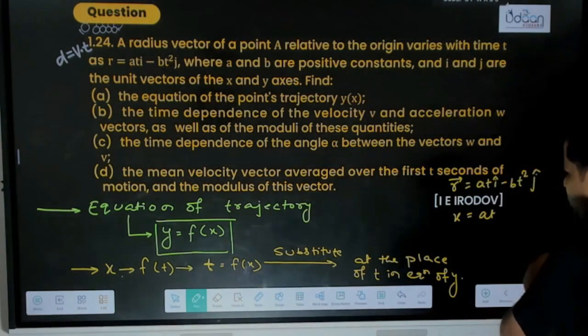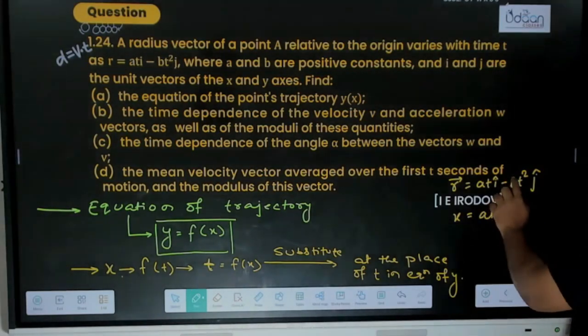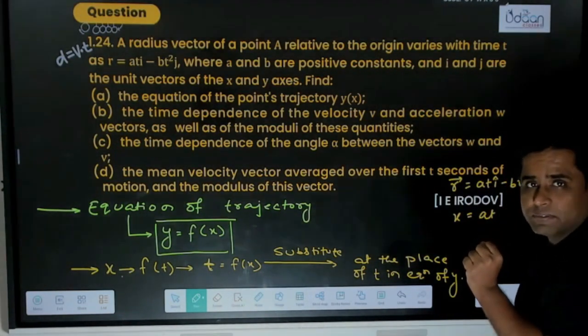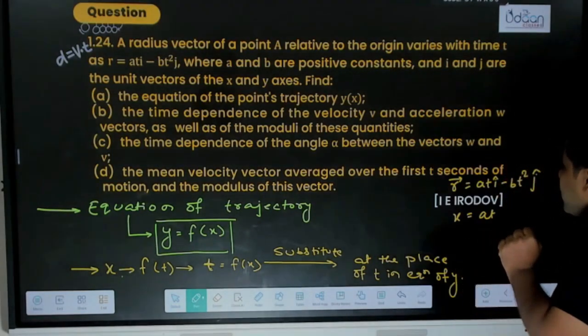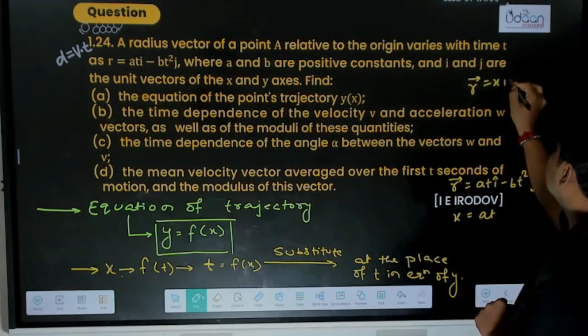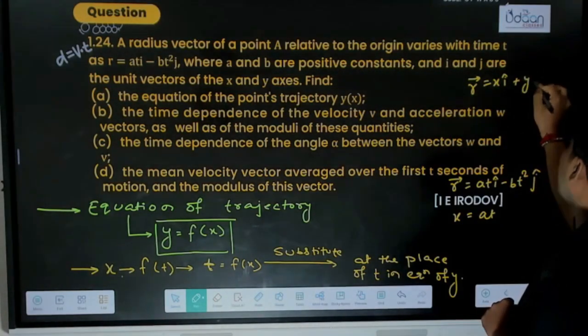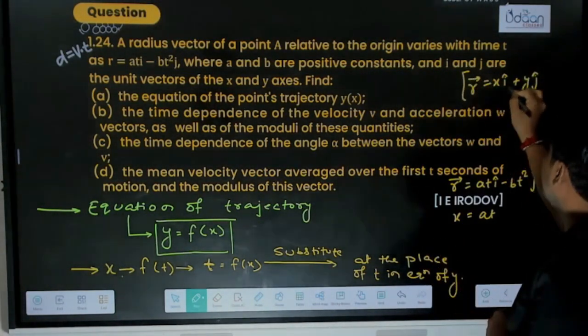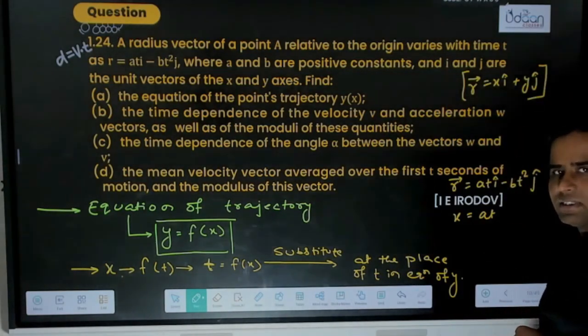Students, don't you think that if it is a component of i cap, then this part is the value of x? Don't you think so? Because we know that r vector will always be written in the form of x i cap plus y j cap. We are very sincere students. We all know about all this, isn't it?